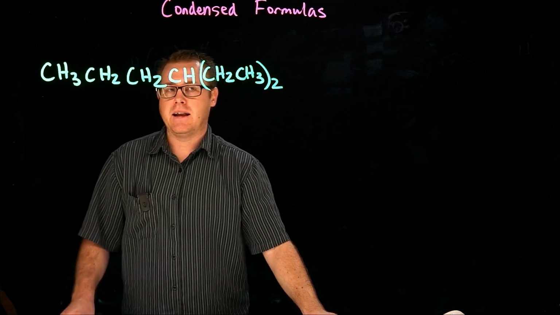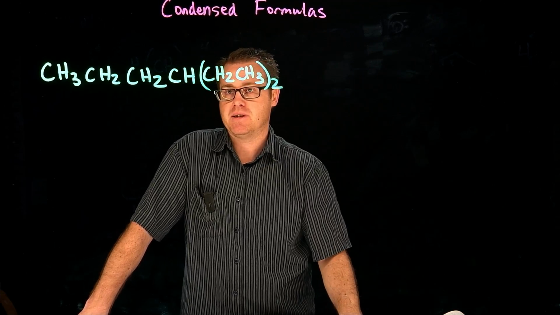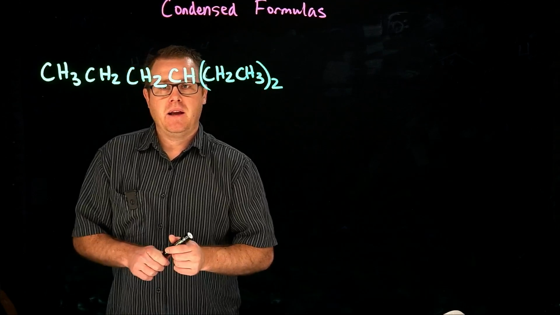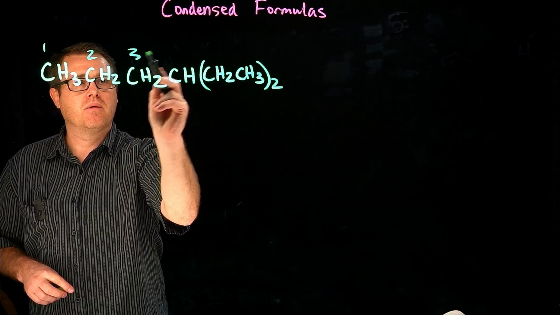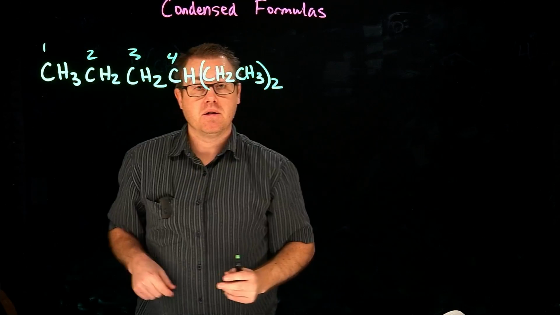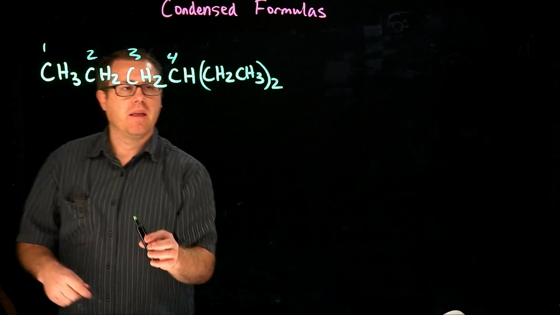Now let's take a look at an example where you have the parentheses on the terminus of the molecule. So how do we do this? Starting off numbering 1, 2, 3, 4. Recall, I don't like to number the carbons in parentheses, so I'm just going to stop there.